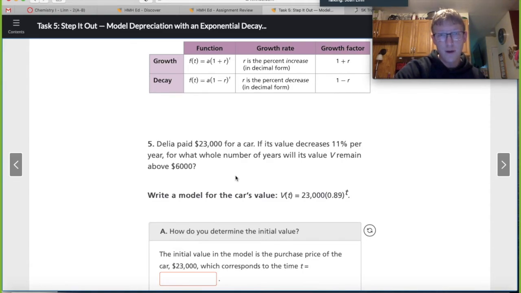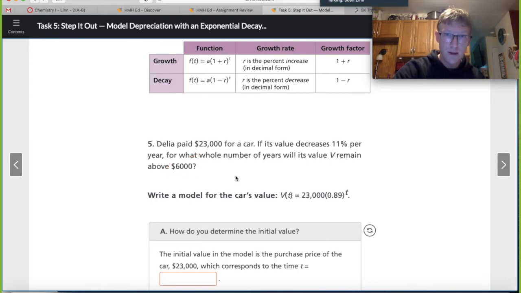So the way we're going to figure that out is we're going to write an equation using this stuff up here, and then we're basically going to equal that to our $6,000, and anything above that, we're good to go, which it starts above it. But when it equals $6,000, that's how many years it'll take for it to be above $6,000.